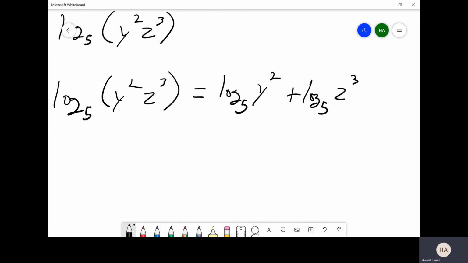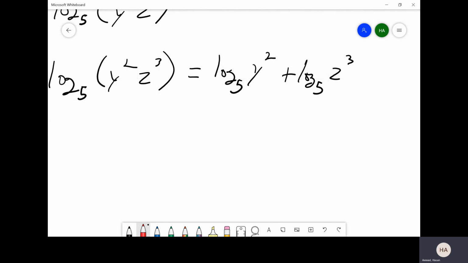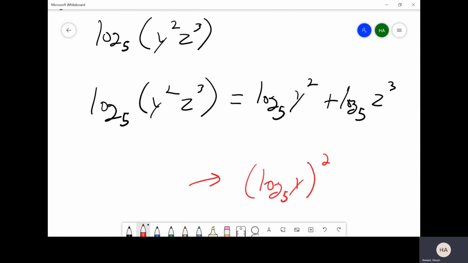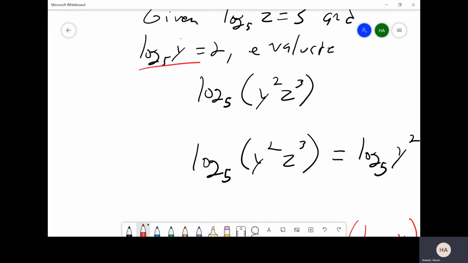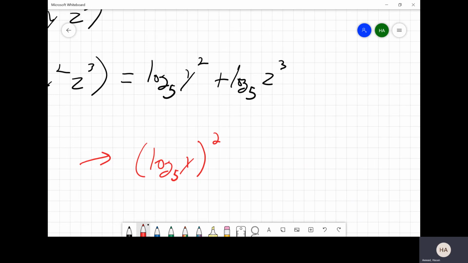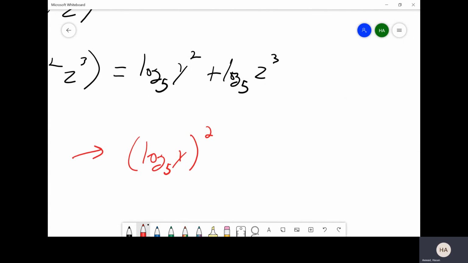This, once again, just last time I'm going to hammer this down, is very different than log base 5 of y, quantity squared, right? The reason we know this is different is because if this were the case, we could directly substitute in the 2. But it's not the case, so unfortunately, we can't do that. So we still aren't done. We have to simplify this down a little bit more.